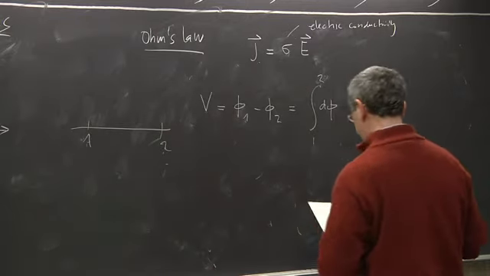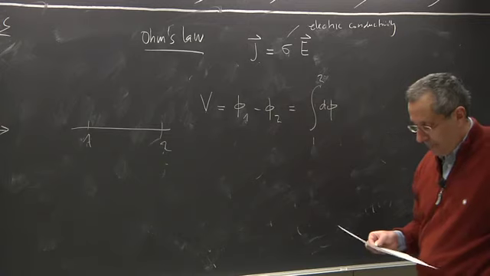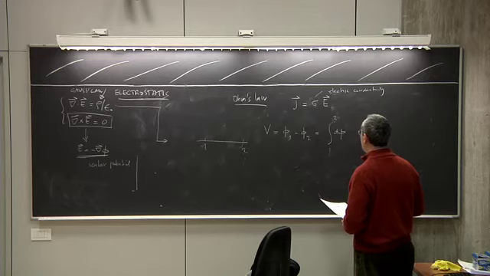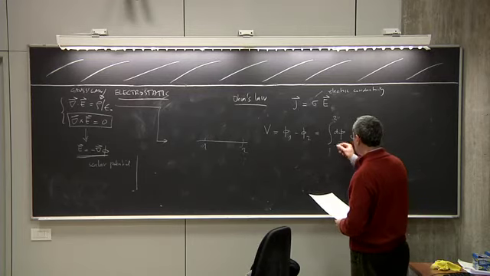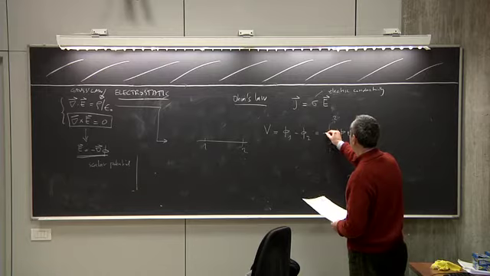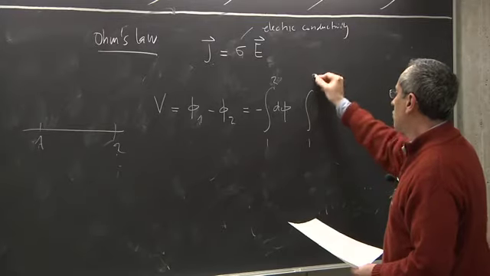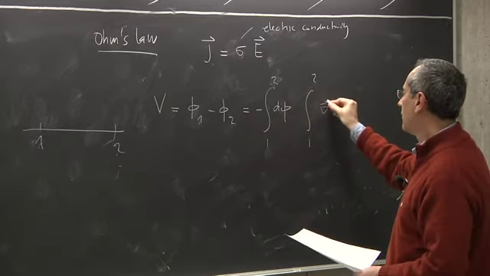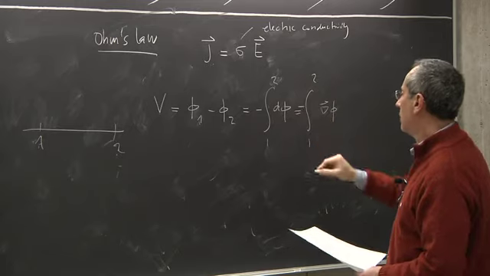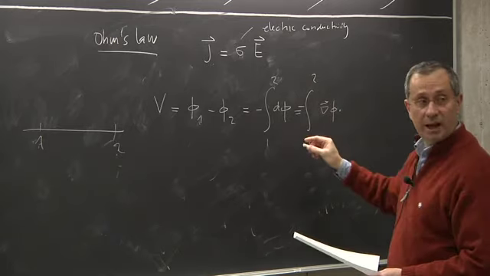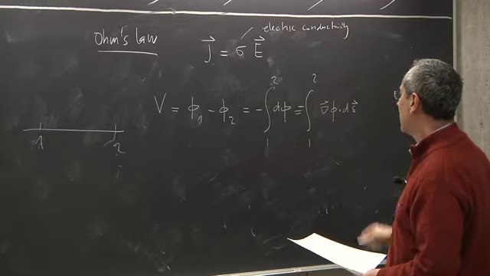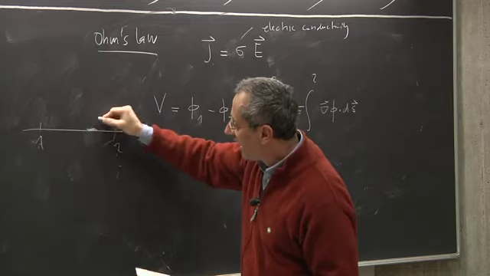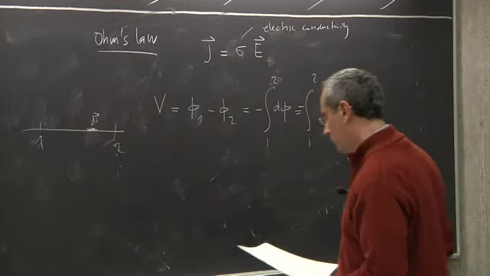And you can also put, I guess I should put a minus. And by the usual thing, this d phi, what is it? It is the gradient of phi times the little dl along this wire.